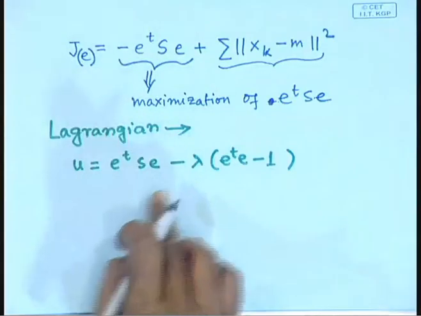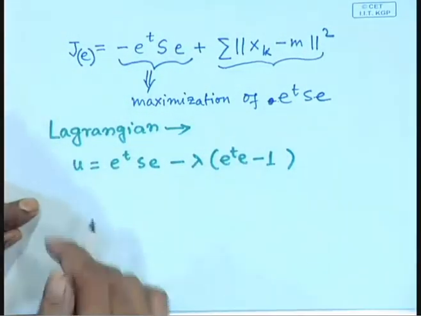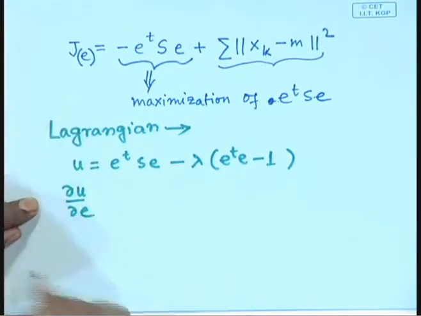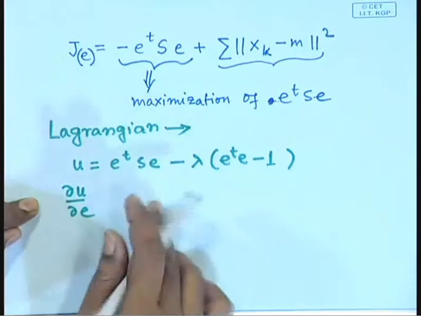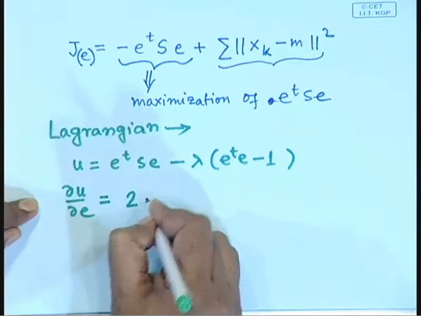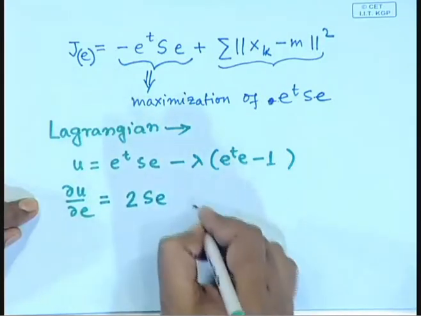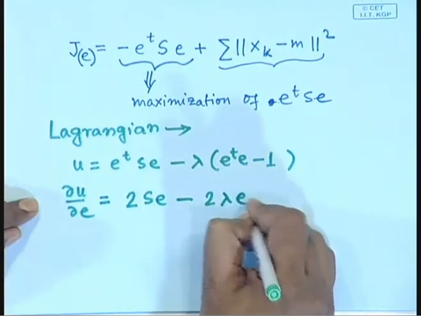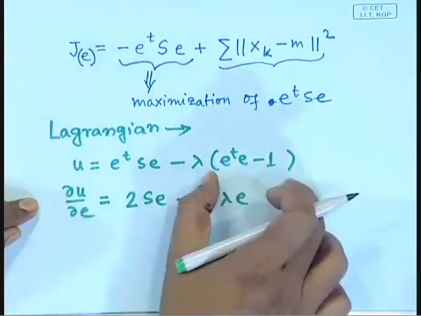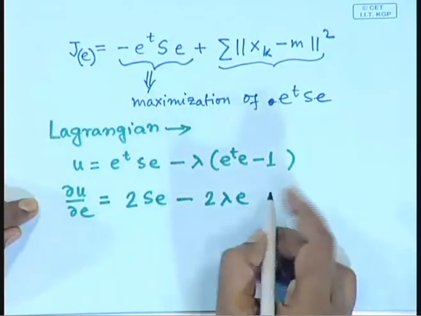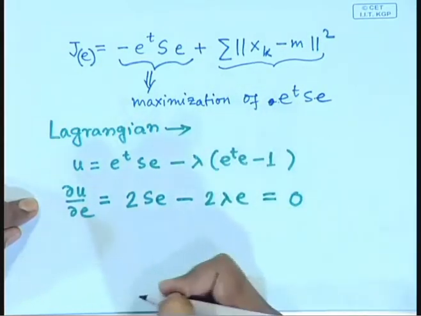Okay. So, to maximize this, I have to take the differentiation of this with respect to E. So, what I have to compute is del U del E, and over here I simply get the expression 2 S E minus 2 lambda E. Differentiate this with respect to E, I get 2 S E minus 2 lambda E. I have to equate this to 0, right.